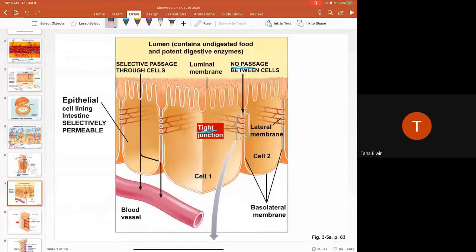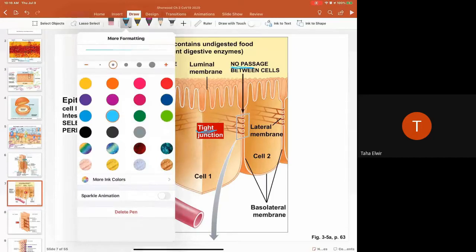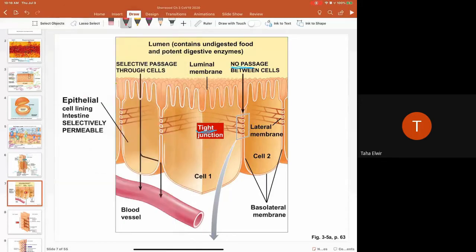So let's get a color for our substance here. And we put it out here. We don't want it going between cells. So if it tries to go in between cells, it has to come right back out because a tight junction prevents it from going between the cells, the intercellular pathway.